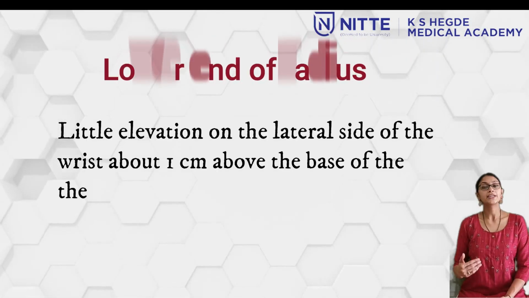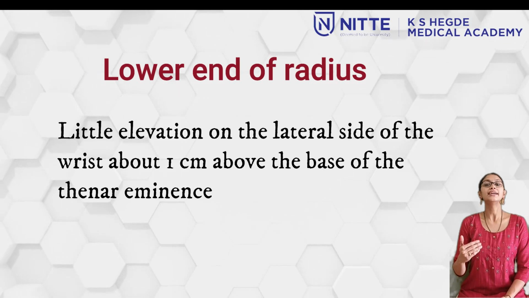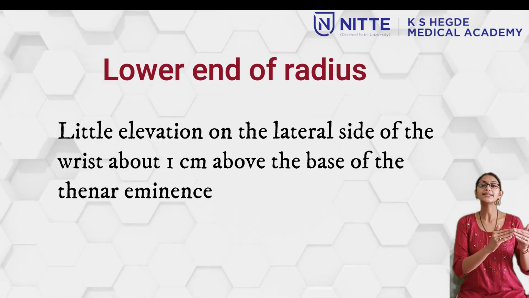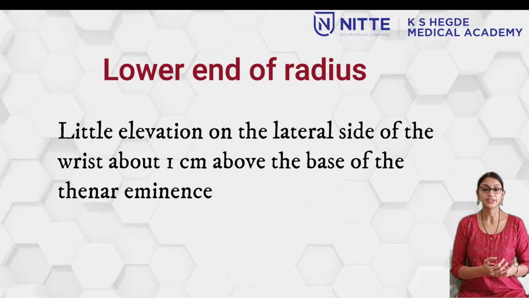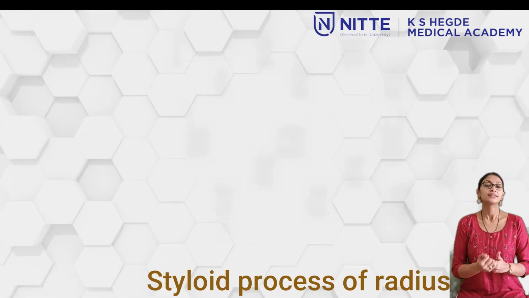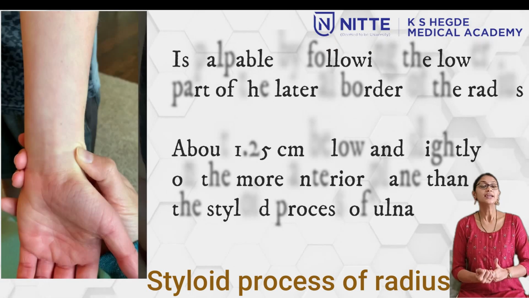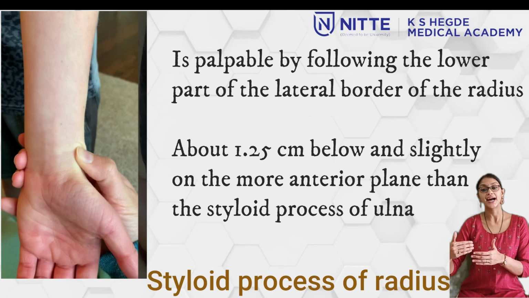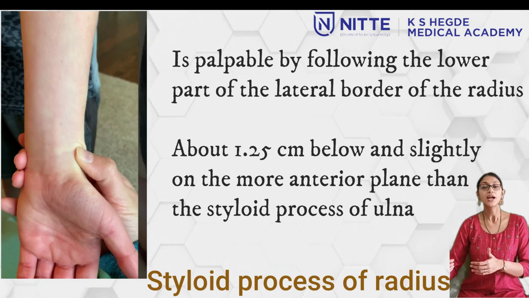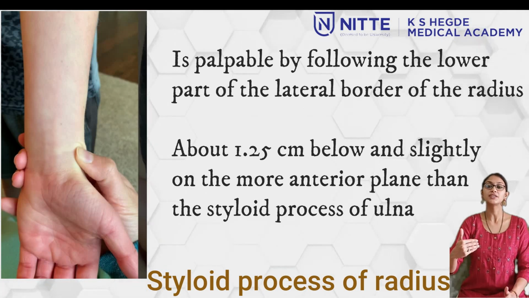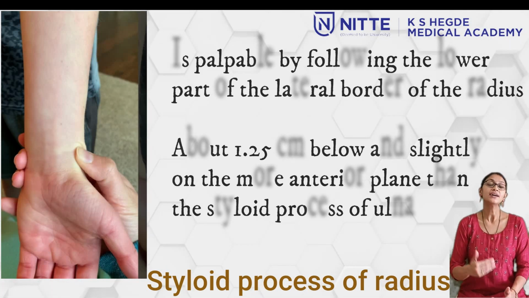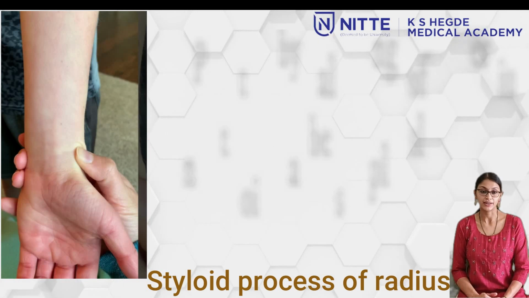The lower end of radius is a little elevation on the lateral side of the wrist, about 1 centimeter above the base of the thenar eminence. The styloid process of the radius is palpable by following the lower part of the lateral border of radius downwards, about 1.25 centimeters below and slightly on a more anterior plane than the styloid process of the ulna.